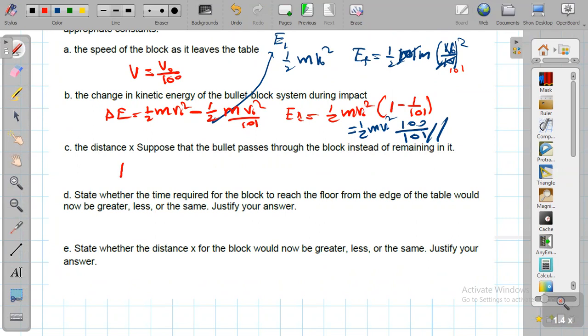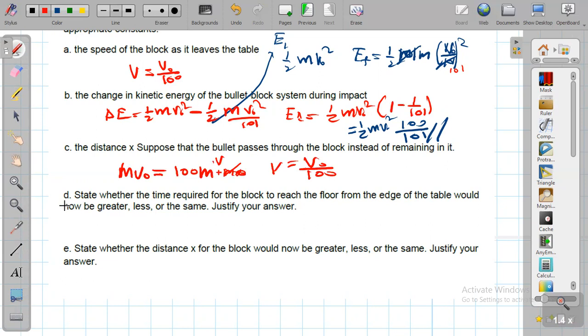So only what? m v naught equals 100 m times v, and the other one is just gone. The bullet's velocity is 0, then we can cancel off, so v equals v naught over 100.